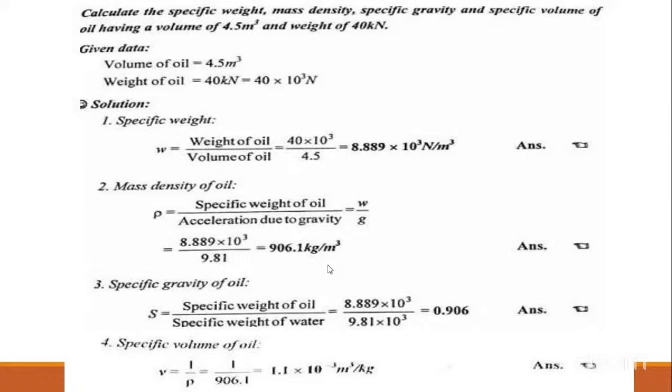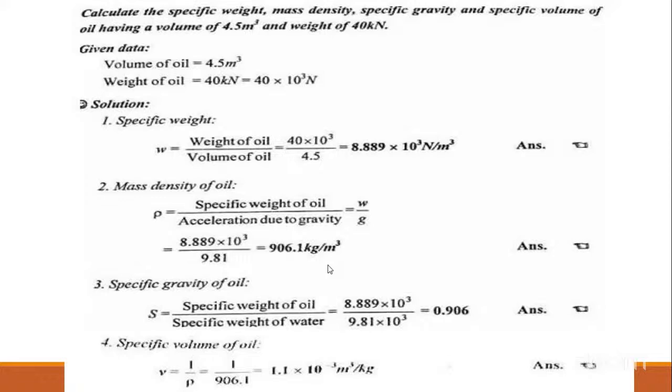So we have the given data. Volume of oil is equal to 4.5 meter cube. The weight of oil is 40 kilonewton, which is 40 times 10 raised to 3 newton.